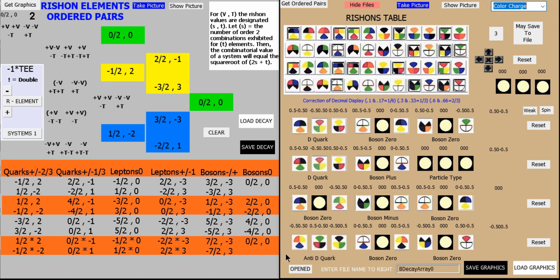And then we look at the anti-B, and we will see that we have again yellow and purple canceling one out, giving us the anti-color of the red-green. And then we have blue and orange canceling, and we have green and red canceling. So the initial color of the B quark was green.